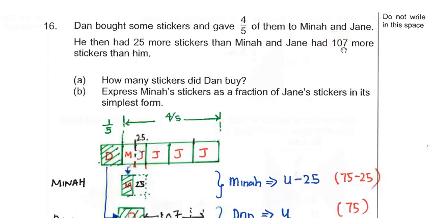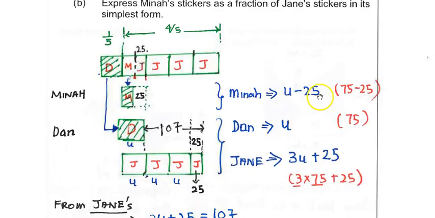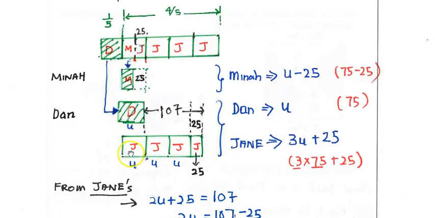Now the question says, Mina, okay, is 25 less than Dan, but Jane had 107 more than Dan. Look here. Now let us compare Jane and Dan. What is the difference? This is the same, right? Same unit, right? But Jane has 1 unit, 2 unit and 25 more than 10.